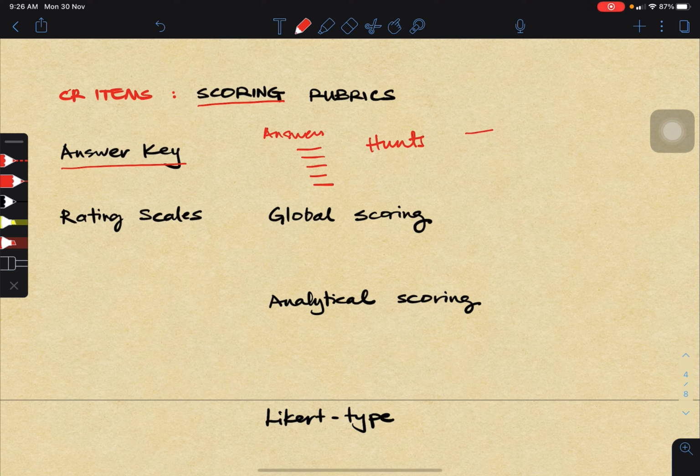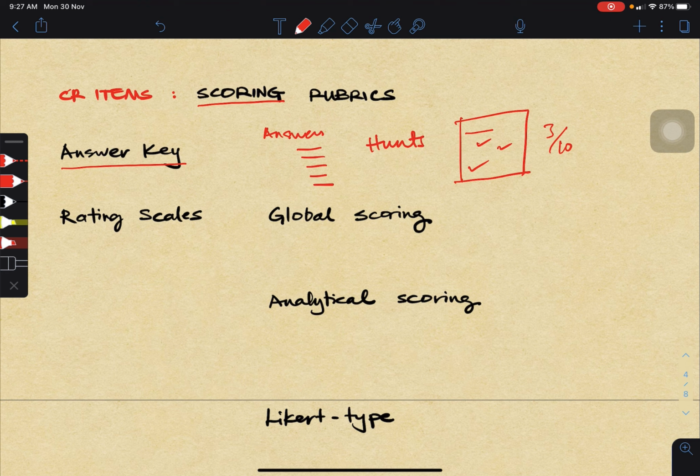So this is one answer script from the candidate. The lecturer says, oh yes, there's one there, there's one there, there's one there. So okay, he got three marks, and then maybe he will say 3 out of 10. So this is the answer key.